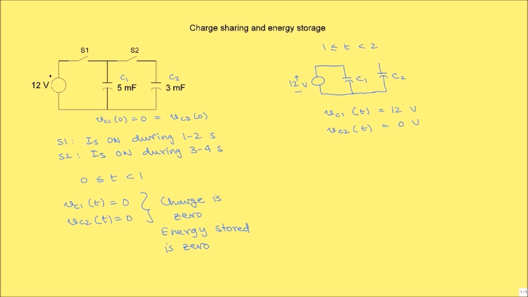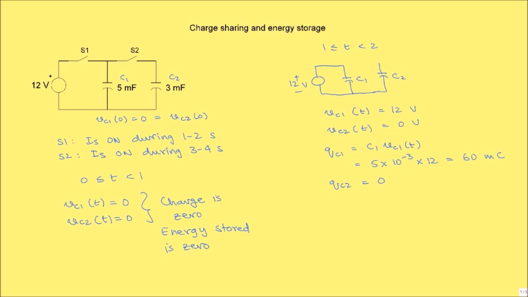Consider next the charge and energy stored on both the capacitors. The charge on capacitor C1 will be simply C1 times VC1 of t, which will be equal to 5 millifarads multiplied by 12 volts, which is equal to 60 millicoulombs. The charge on C2 will be 0 since the voltage on it is 0.